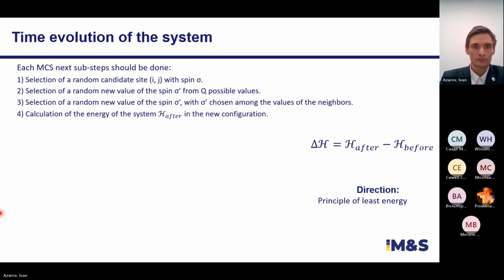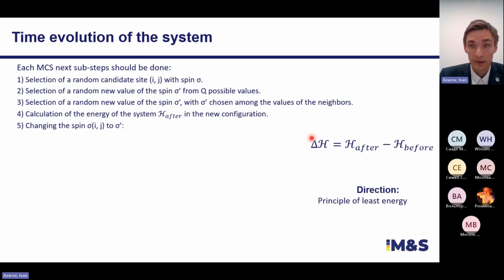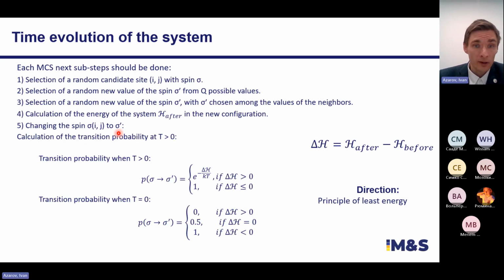Okay. And when this elementary step of system evolution occurs, we should recalculate the full energy of the system and obtain this Hamiltonian alpha. Then we compare the delta Hamiltonian value, to change or not to change the spin value to some new spin value. And what is the law of such time evolution?